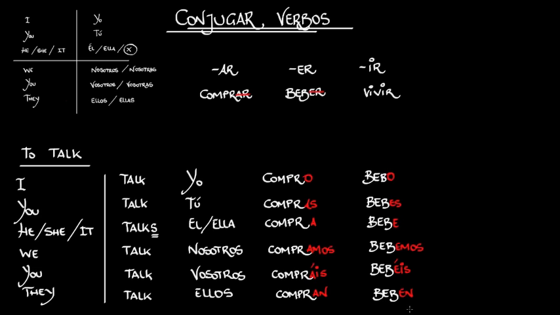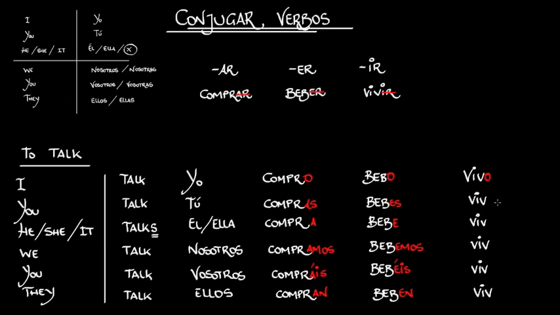I would like you to notice that, in order to remember the terminations for ER verbs, they are basically the same ones as the AR verbs, but the A changes to an E. Now let's see what happens with the IR verbs. The ending for the IR verbs and the yo personal pronoun would be vivo.